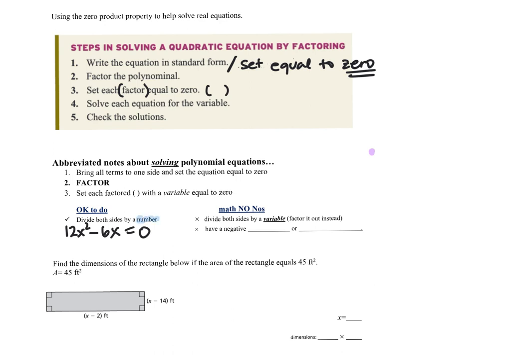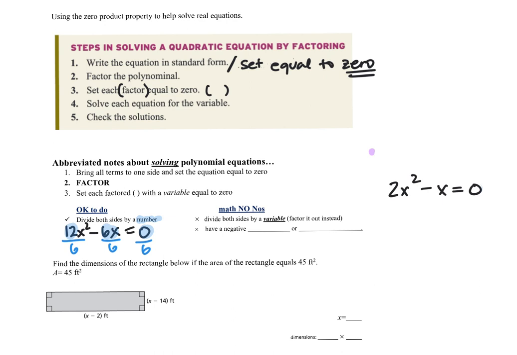So I could divide all 3 of my terms by a 6. Everybody would get divided by 6, and we would be left with, and I'll put this on the side, 2x squared minus x equals 0.